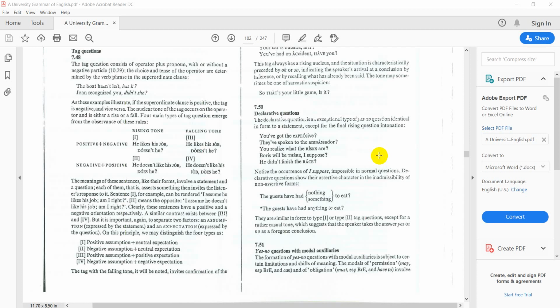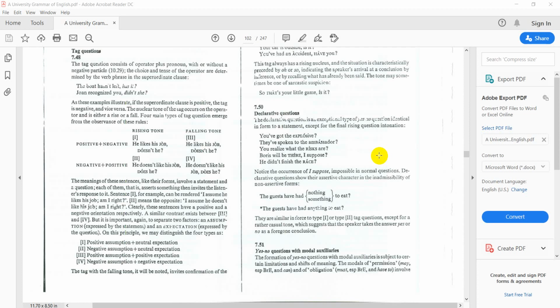But you have a very complete, full declarative sentence, either positive or negative. He didn't, here you have a declarative negative sentence. Boris will be, as you see, affirmative.